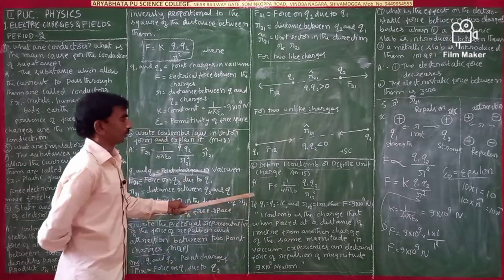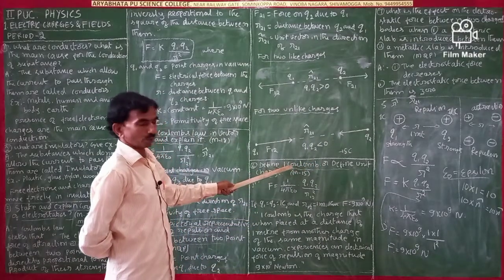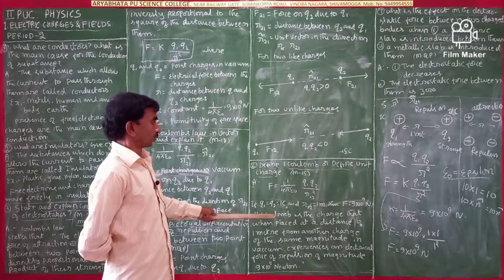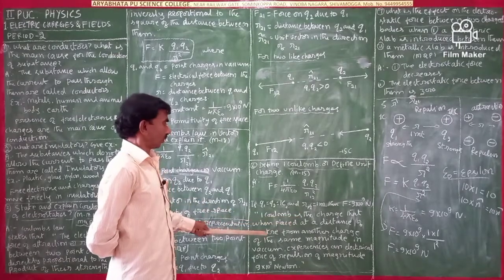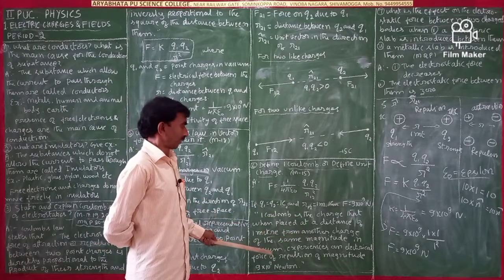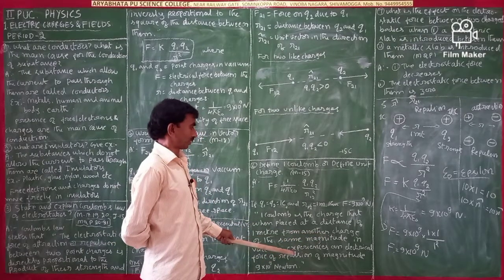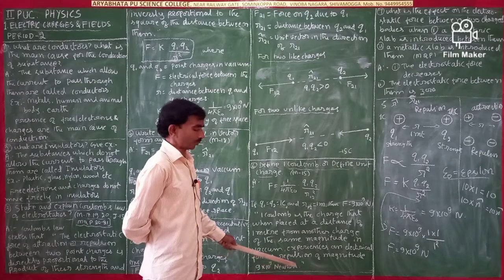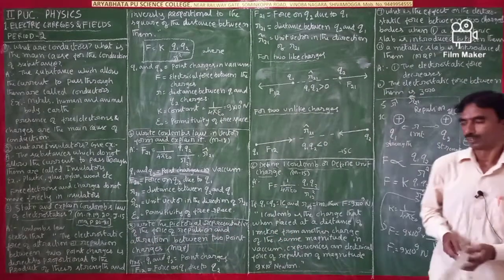So that is 1 unit charge, unit charge or 1 Coulomb. 1 Coulomb is the charge that when placed at a distance of 1 meter from another charge of the same magnitude in vacuum experiences an electrical force of repulsion of magnitude 9 into 10 to the power of 9 Newton. So you follow.